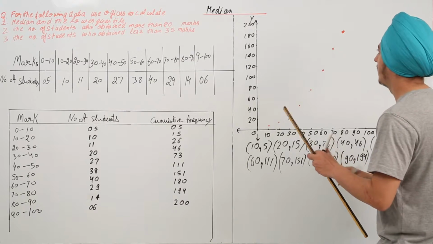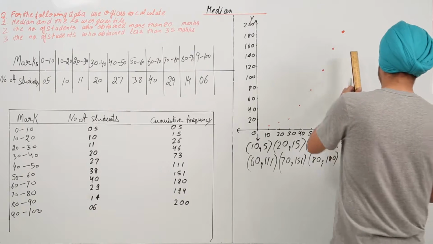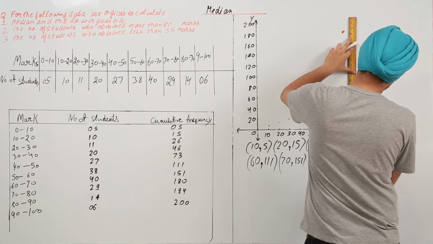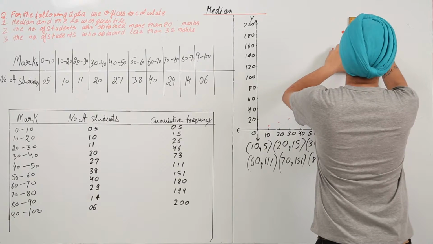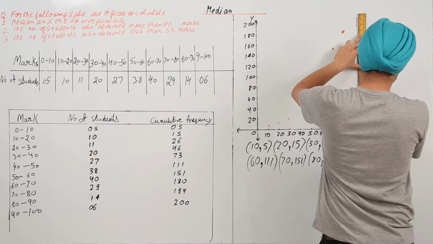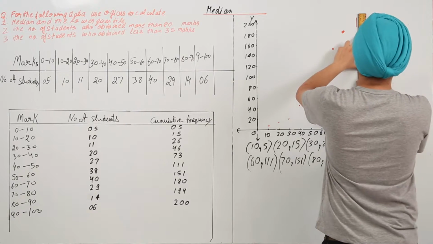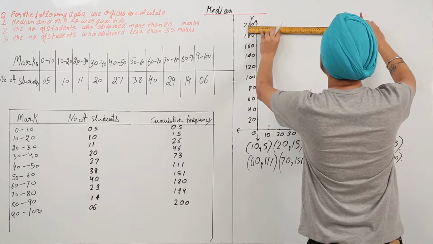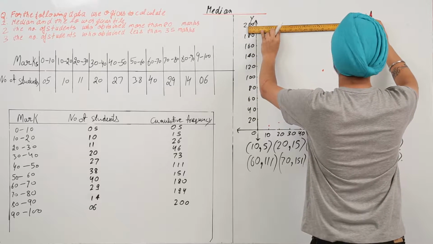So 90 comma 194. So where is 90? Okay. So this is 90 and this is 100. I'll just draw the line for 100 also because we have to use it. And 194 would be somewhere over here.